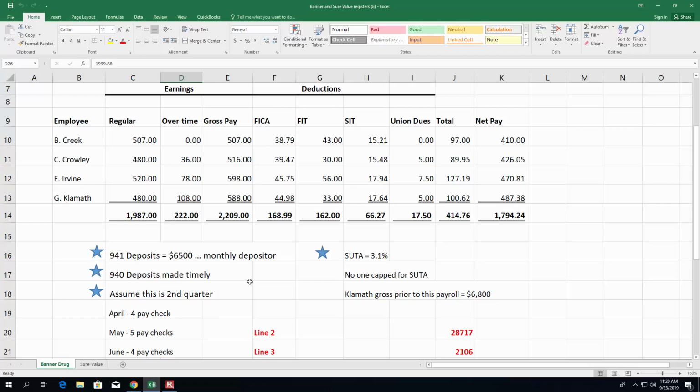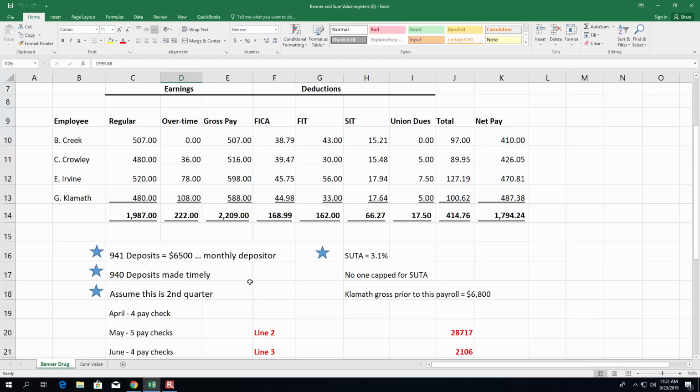I need to tell you how many checks are cut in each of the 3 months, because 2 are going to be 4 and 1 is going to be 5. In April there were 4 paychecks, in May there were 5 paychecks, and in June there were 4 paychecks.